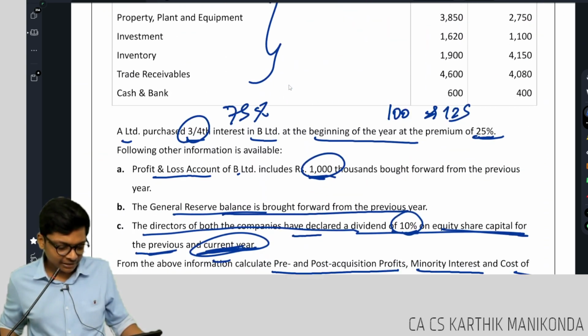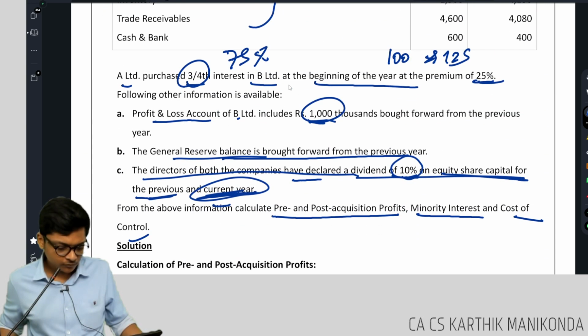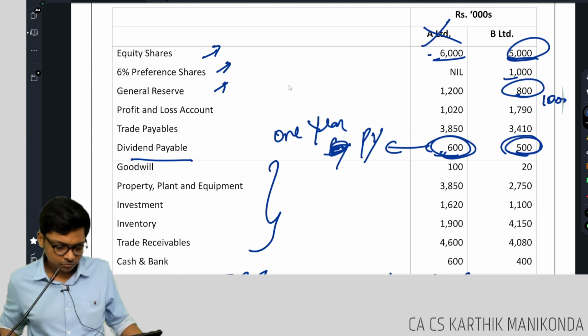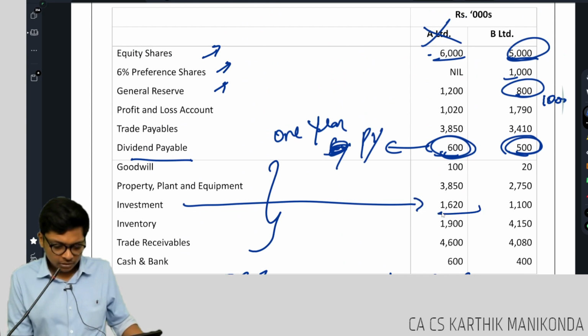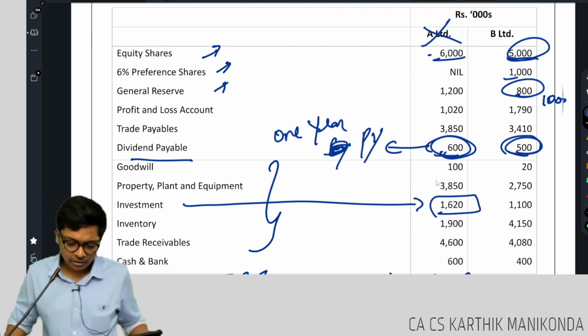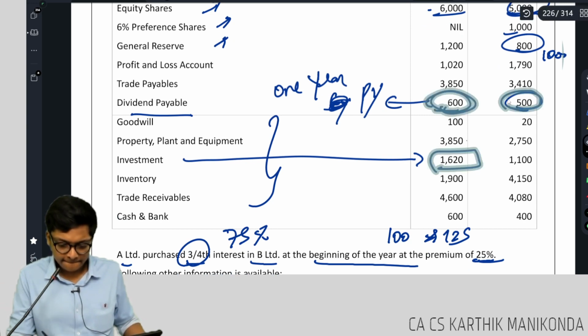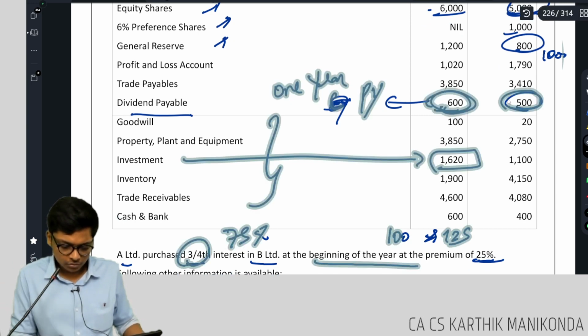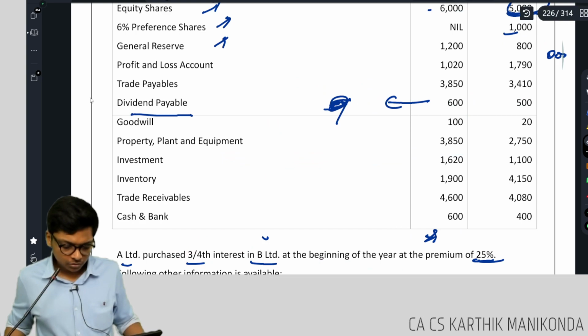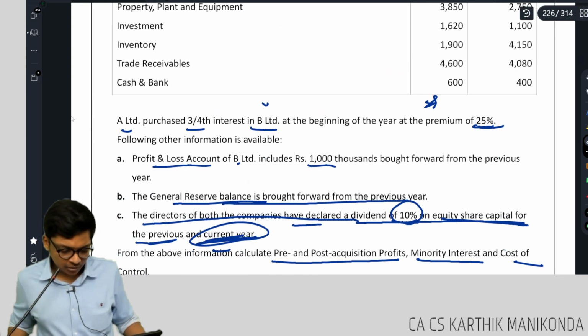Check the question. Have they given somewhere? Investments is 16 lakh 20. We have to compute only. Anywhere else have they given the data?